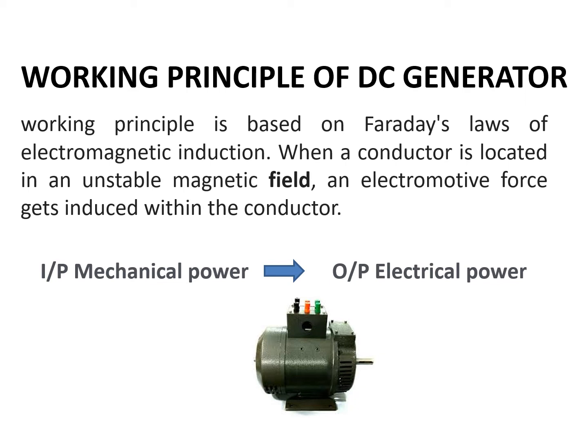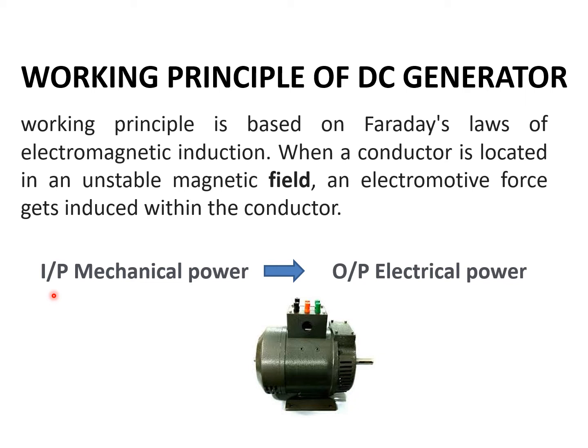Now we discuss the working principle of the DC generator. We know the DC motor converts input electrical power into mechanical power. Now the DC generator will convert input mechanical power into electrical power.